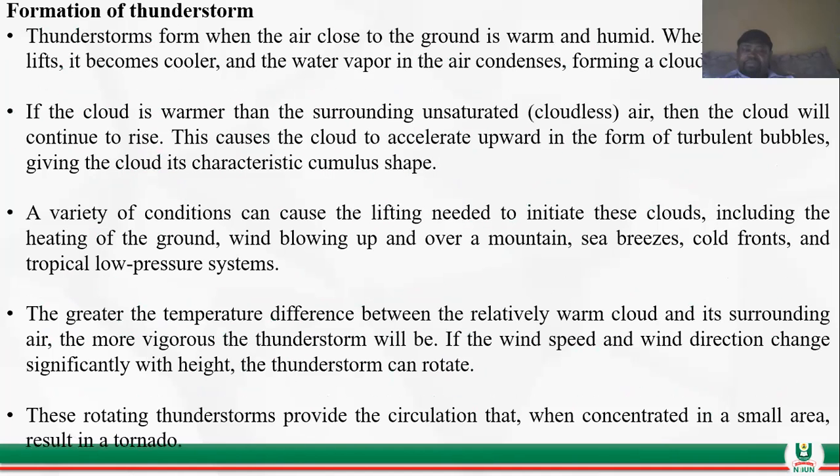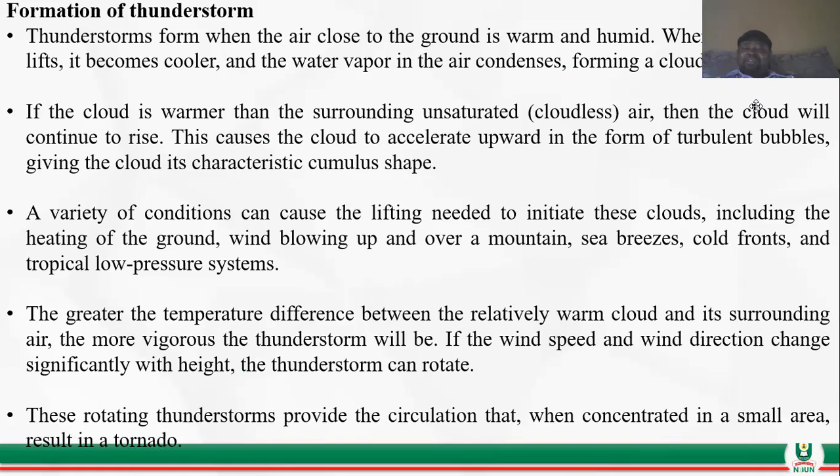Okay. Formation of thunderstorms. How are thunderstorms formed? One, thunderstorms form when the air close to the ground is warm and humid. When this warm air lifts, it becomes cooler and the water vapor in the air condenses, forming a cloud.